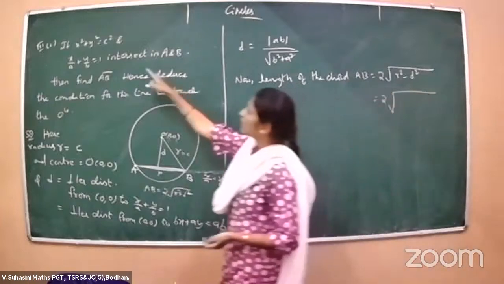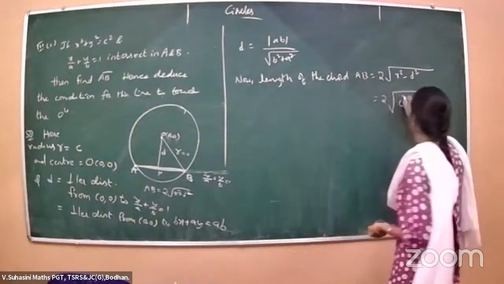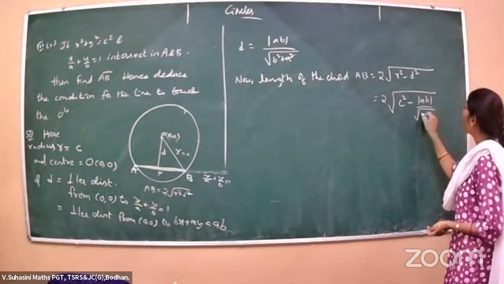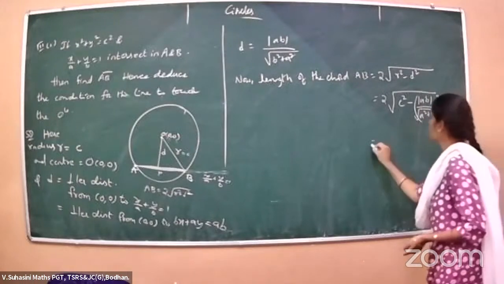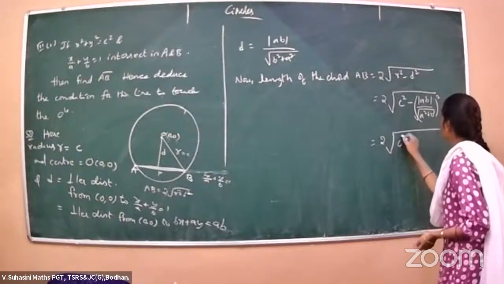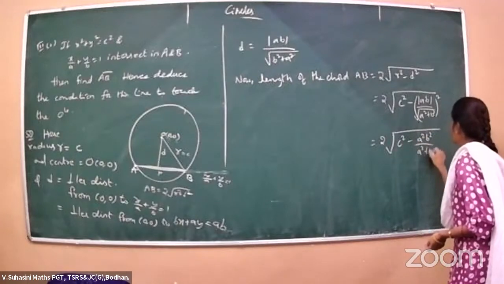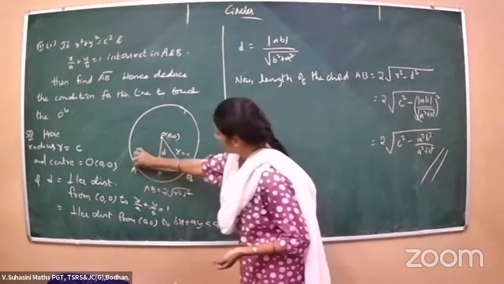What is the radius, children? Radius of the circle we observe as c. So c square minus what is d? Mod ab by root of a square plus b square. Yes sir. 2 times root of c square minus a square b square by a square plus b square is the length of the chord required.